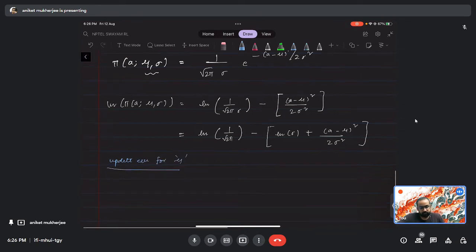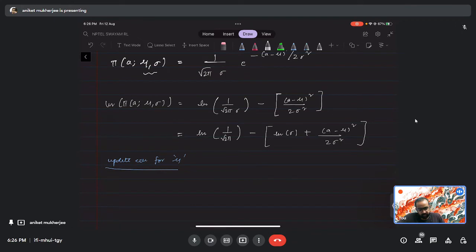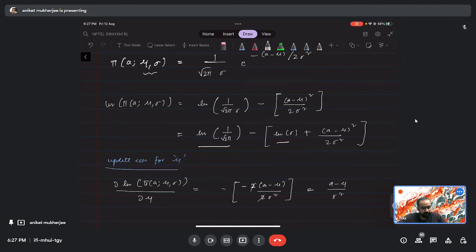We want to update mu. So first I'll do the partial differentiation with respect to mu. This term goes to 0, this goes to 0, and you have minus of minus 2 times a minus mu by 2 sigma square, which cancels to a minus mu by sigma square.